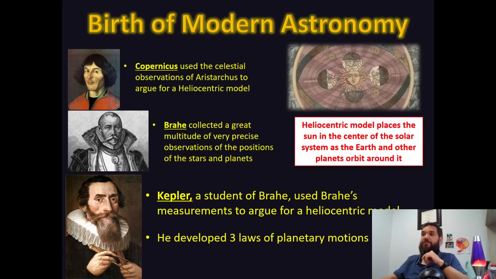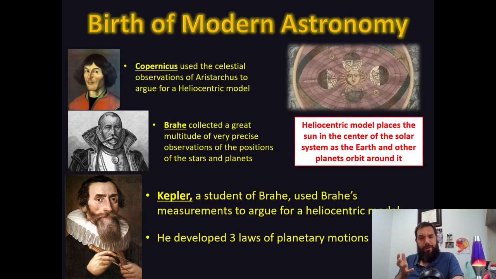The next one after Copernicus was Tycho Brahe. Tycho Brahe was a Danish scientist. He had an astronomy observatory lab that was funded by the Royal Danish government. And he was able to collect very precise observations on the motion of the stars and the planets and the different celestial objects.